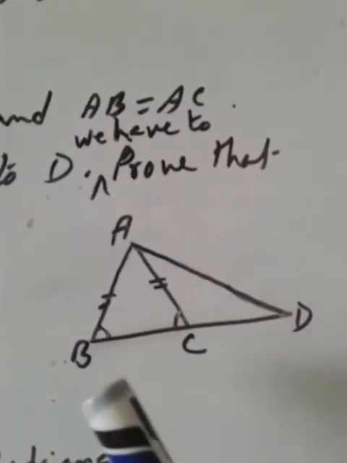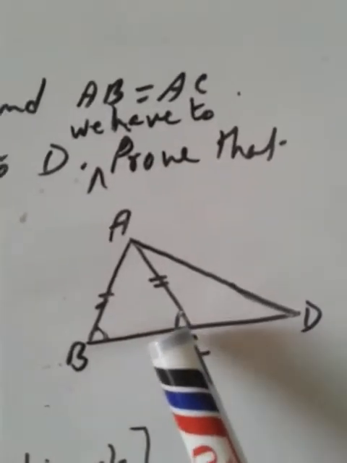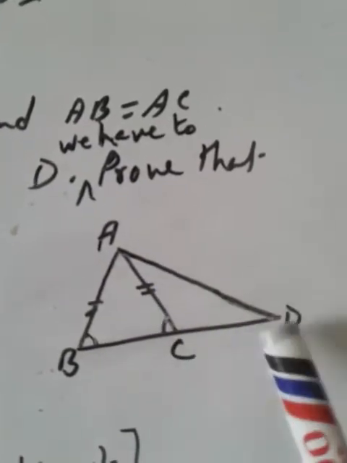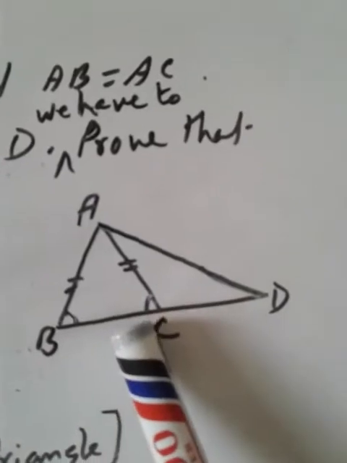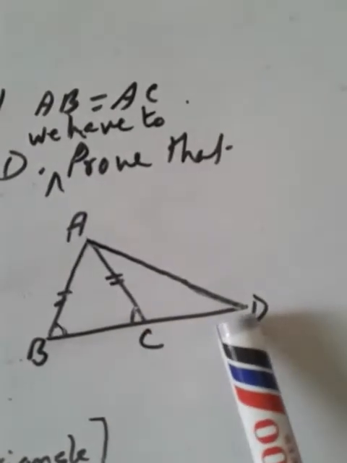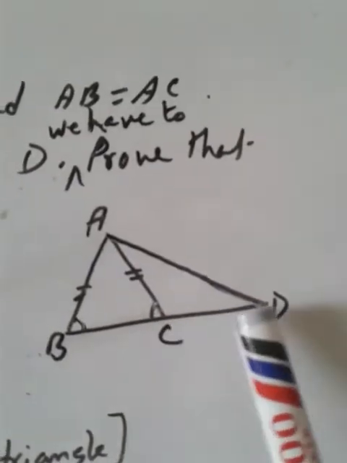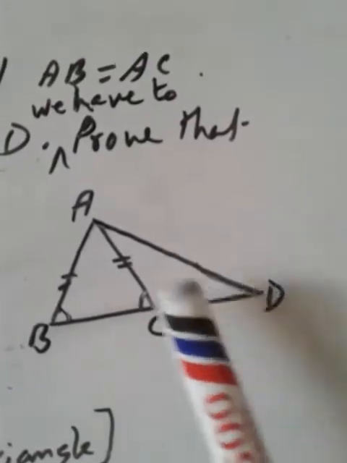Now in triangle ACD, you see ACB is the exterior angle of triangle ADC. The exterior angle is greater than any other interior opposite angle. So this angle is greater than this angle.